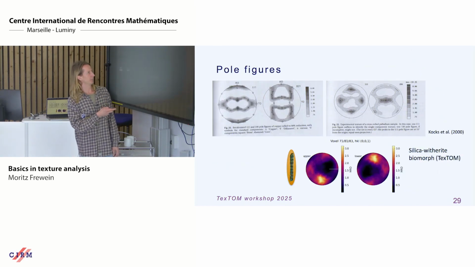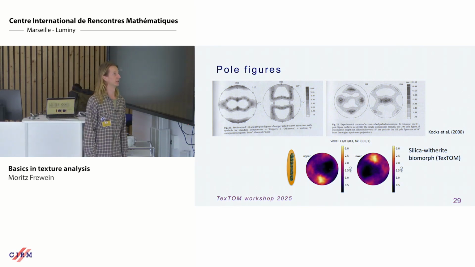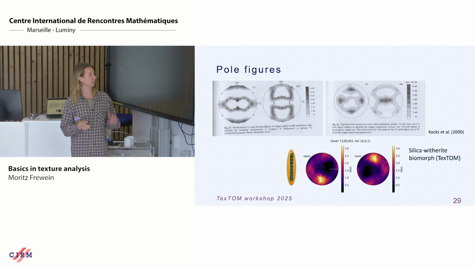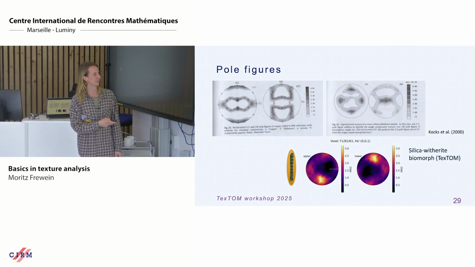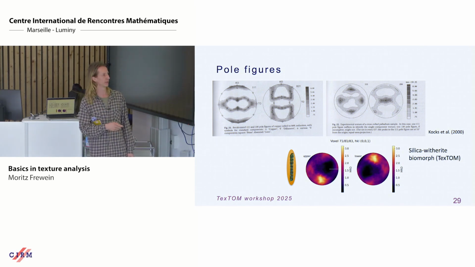And then you can see there are different pole figures. You can better visualize the texture. So every kind of texture gives you a certain fingerprint on this. Here you can see one for the silica vaterite biomorph, which we will reconstruct in the afternoon.